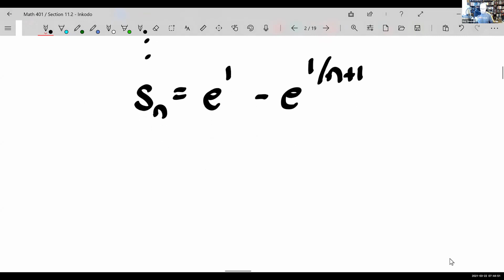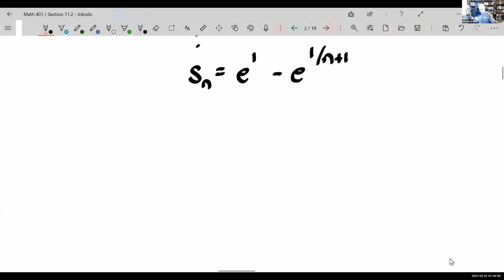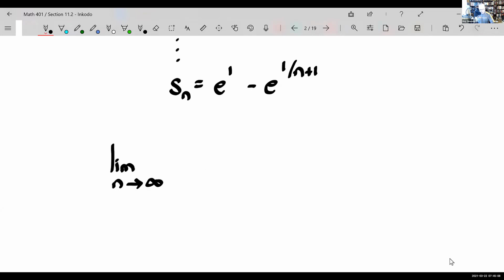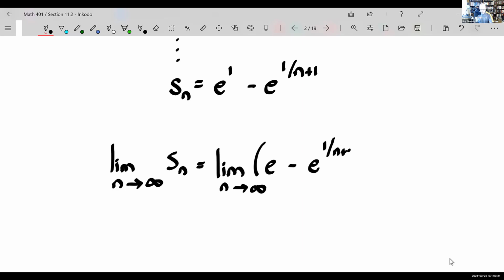Now, if you let n go to infinity, I'm going to go ahead and write that in here. So the limit as n tends to infinity of s sub n is the limit as n tends to infinity of e to the first minus e to the 1 over n plus 1.